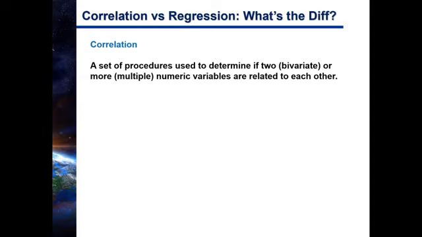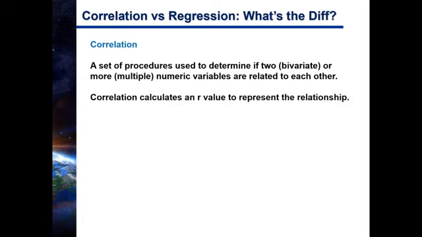So they were nominal or ordinal variables. With correlation, our variables are interval or ratio. All right, so we're going to use the scores on two or more variables to determine if those variables are related to each other. In the process, we're going to end up calculating an R value. All right, so the R represents the word correlation, right?